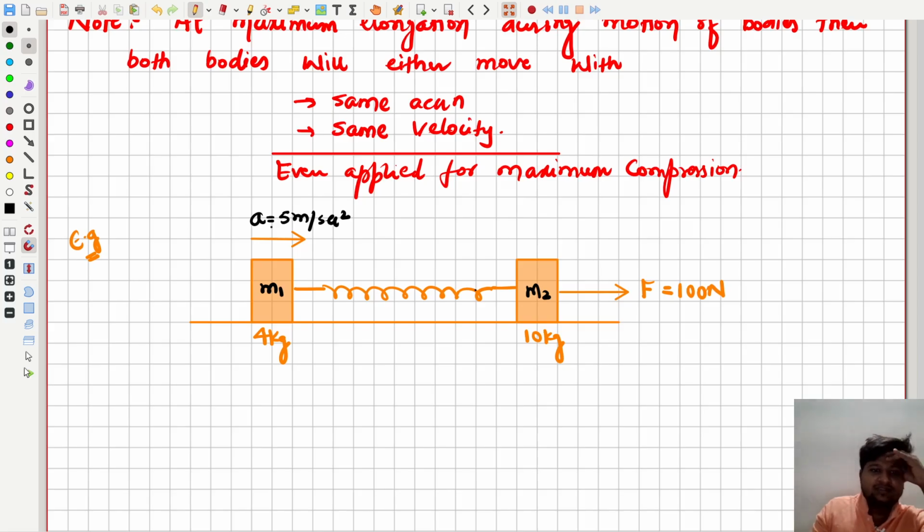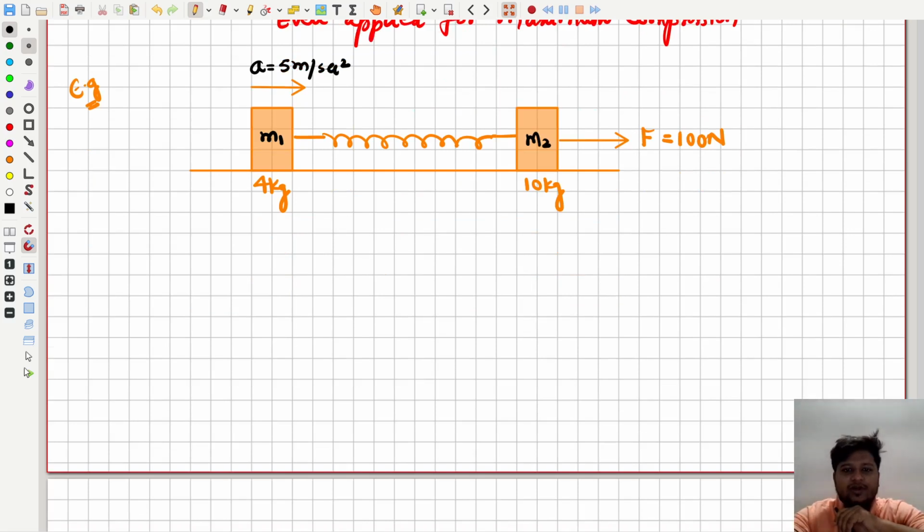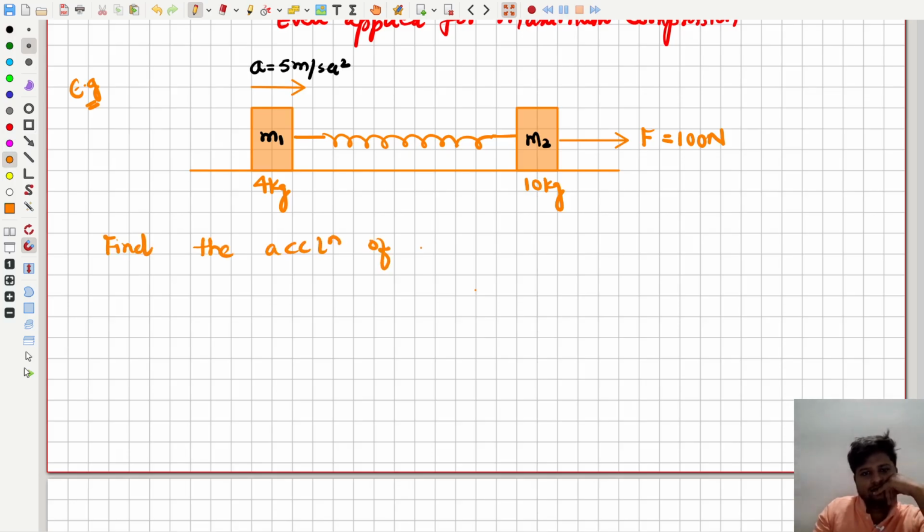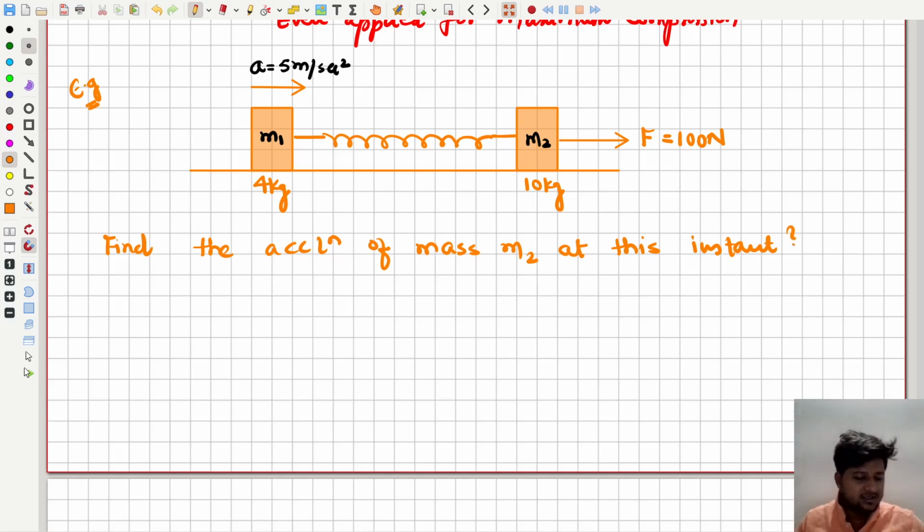The time when the acceleration of m1 is 5 meter per second square, they are asking you to find, at that moment of time, calculate the acceleration of m2. Calculate the acceleration of mass m2 at this instant. Be fast.